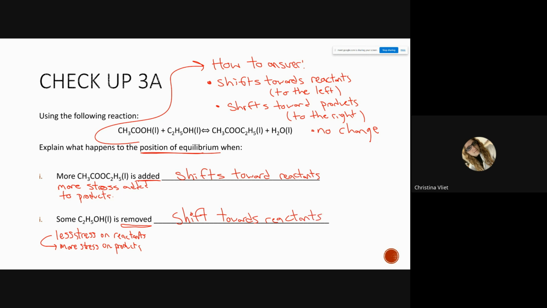So what have we learned so far? If we increase one side of the reaction, it will go to the opposite. And if we decrease a side of a reaction, it'll actually go to that side to bring it back to even. It's going to work to make the same amount of stress on the other side to restore balance.